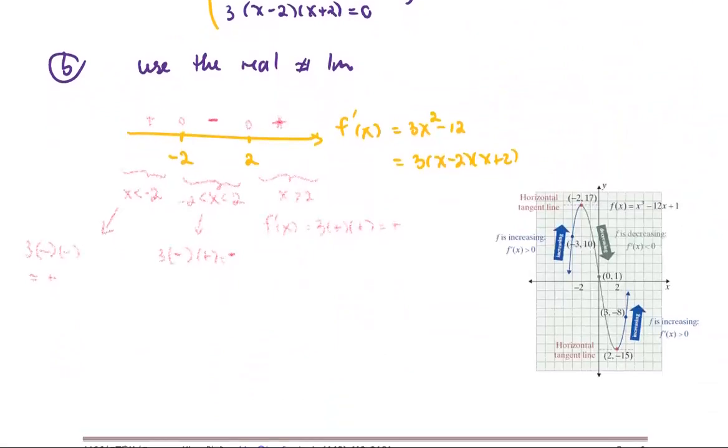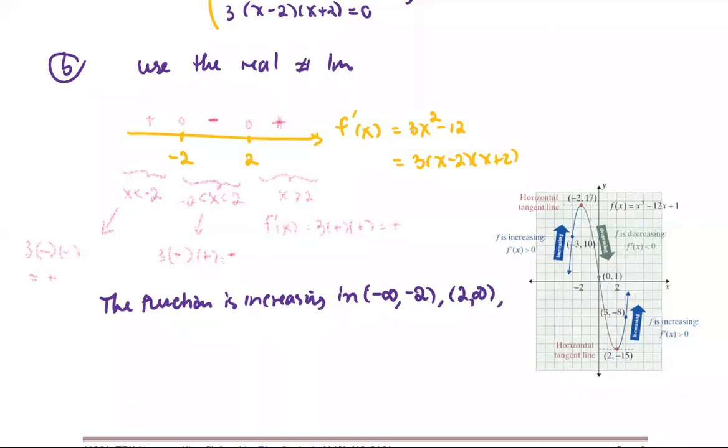So we're going to wrap up with a summary of part B. The function is increasing in the intervals negative infinity to negative 2 and 2 to infinity, and decreasing in the interval negative 2 to positive 2.